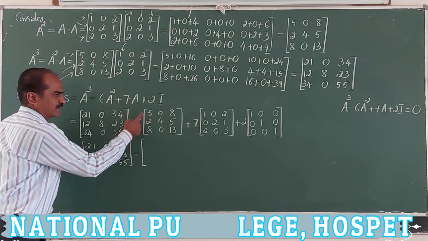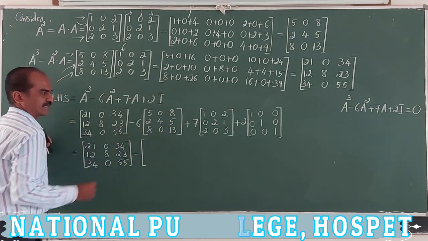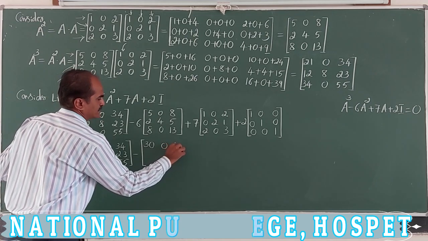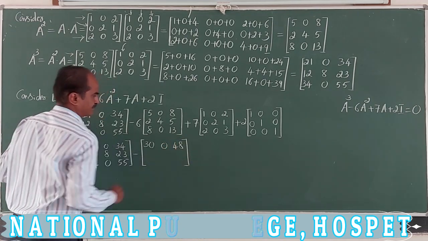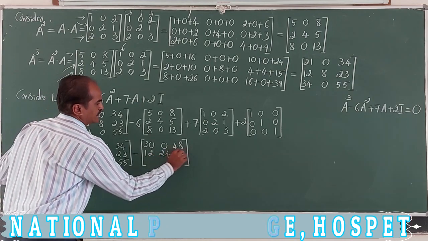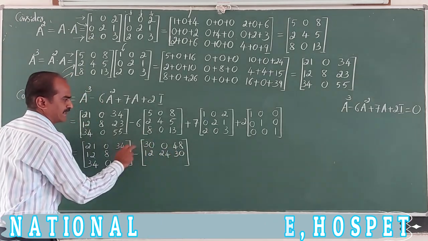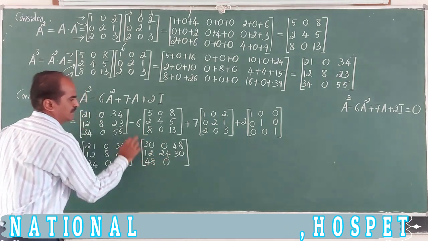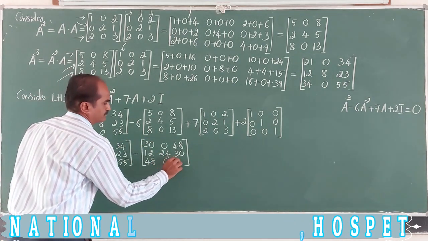Multiply this scalar with all the elements of this matrix. 6 into 5, 6 into 0, 6 into 8, 6 into 2, 6 into 4, 6 into 5. Third row elements 6 into 8, 6 into 0, 6 into 13.